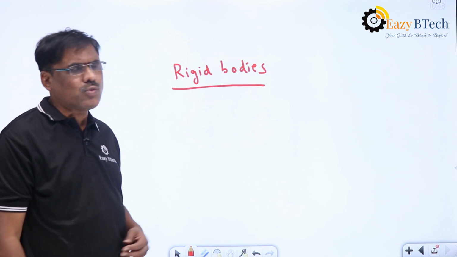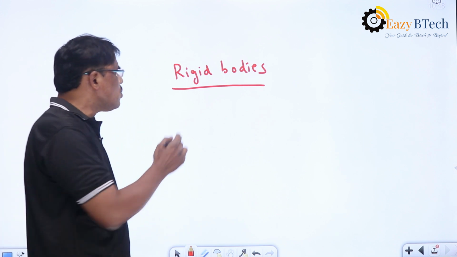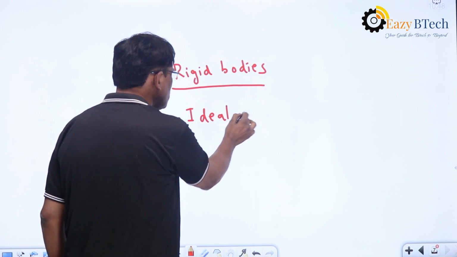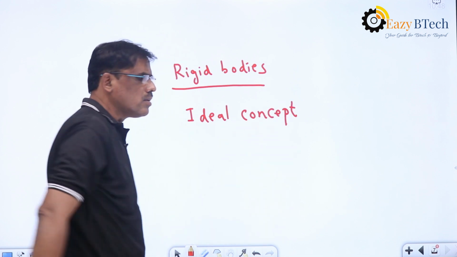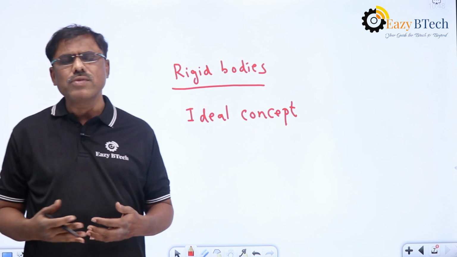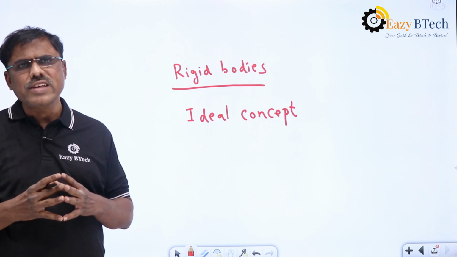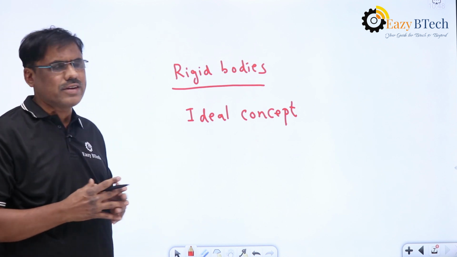In reality, it is not so. Whenever a force is applied, there is a deformation. So this is an ideal concept. This concept is quite useful in the analysis of problems, so that the analysis can be made easy at the beginning. This is an idealization.